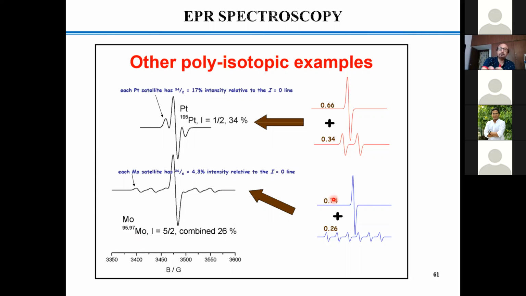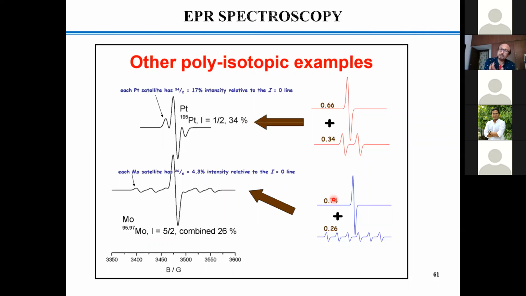And you take one molecule where there is no distortion, deliberately, to understand this picture. If you take molecular distortion, you cannot get the right feeling of how the isotopic abundance and their I values impact the EPR profile. You will not understand.